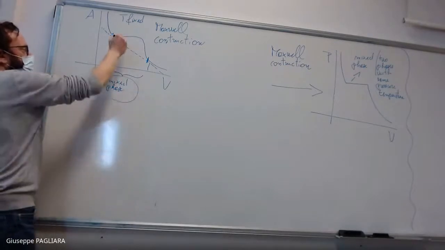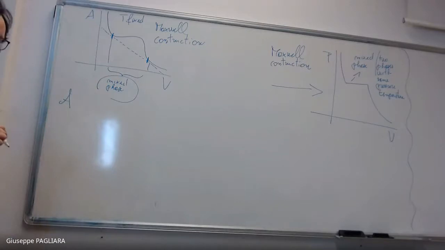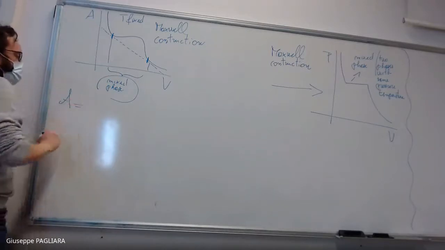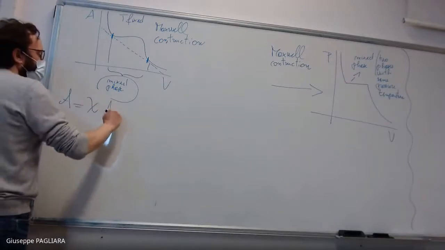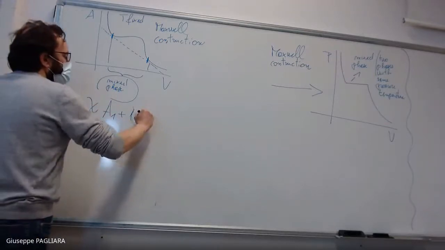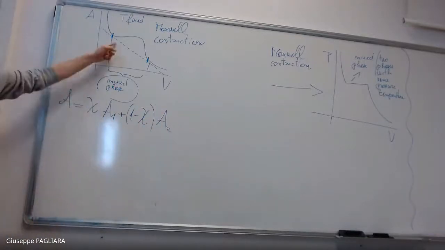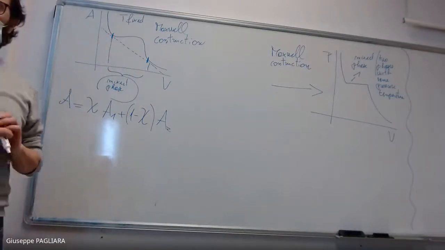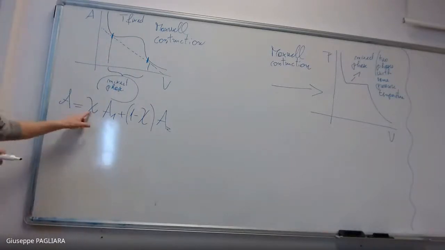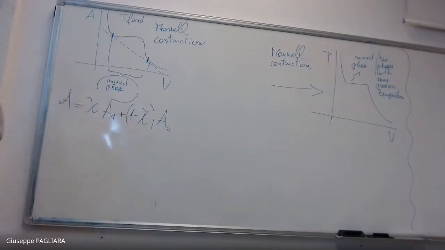Okay, and here the equation of state of A, let's say that the function, the Helmholtz free energy, is a sort of average of the Helmholtz free energy of the two phases, something like that, because it's a straight line, where chi is the fraction of phase 1, and 1 minus chi is phase 2.